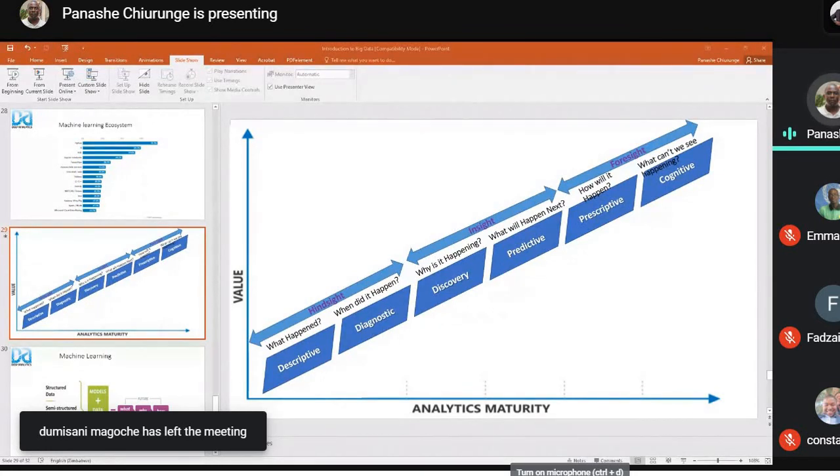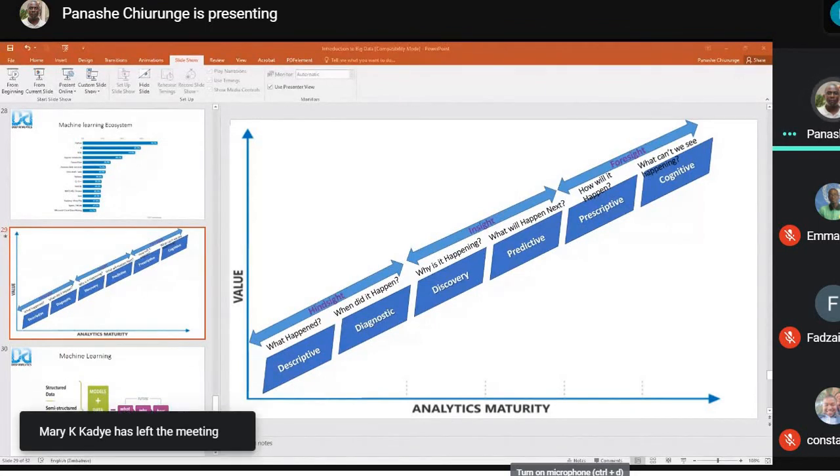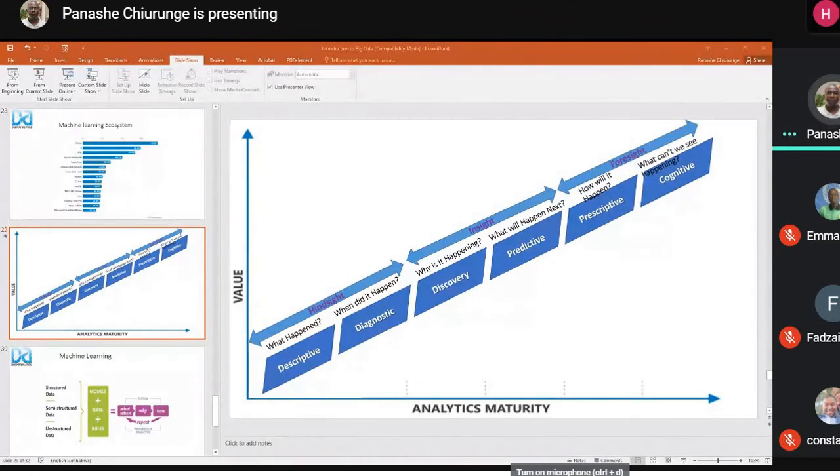So this is your usual ad hoc reports, which you do at your company from structured data, looking at historical things that have happened within that particular company, and then you are reporting on aspects of the performance of that company, looking at that data. So that's descriptive analytics. It looks at what happened.